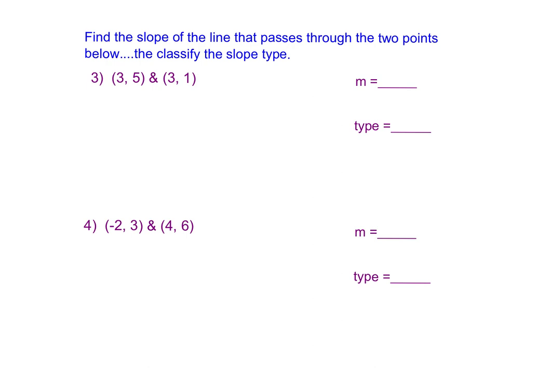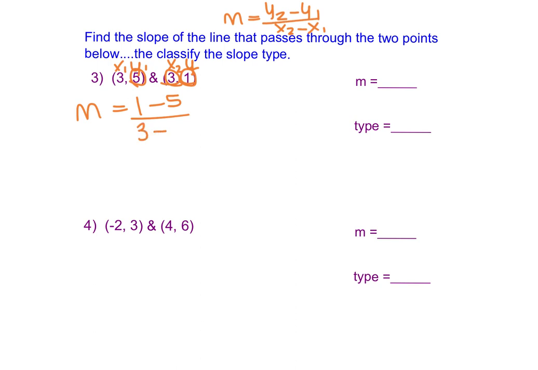And finally, last two problems. So we're going to start off, we have x1, y1, x2, y2. Remember our slope equation is y2 minus y1 over x2 minus x1. So here we substitute in the values, so we have y2 minus y1 divided by x2 minus x1.